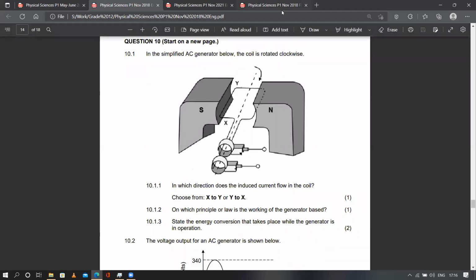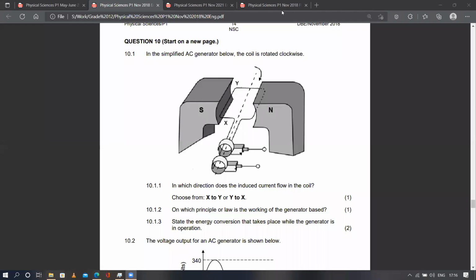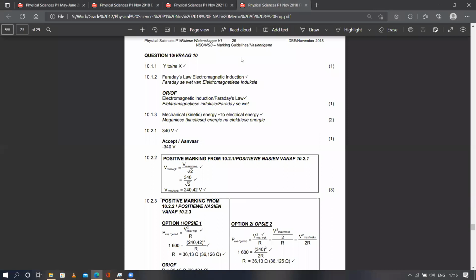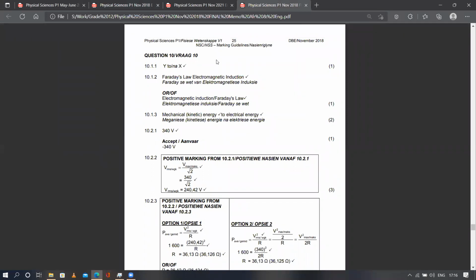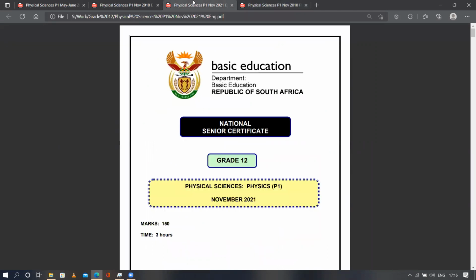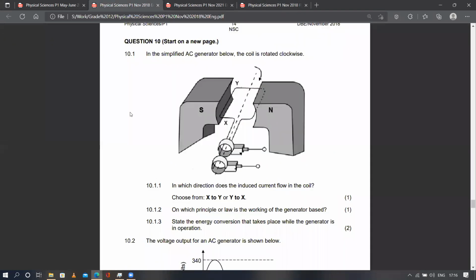Let me just move this elsewhere. Yeah, it's Faraday's law of electromagnetic induction. So generators and motors operate on that principle.